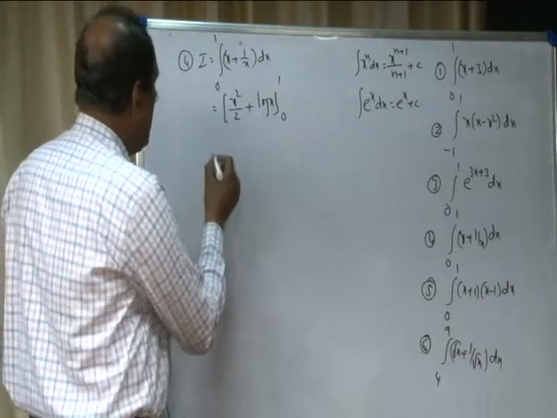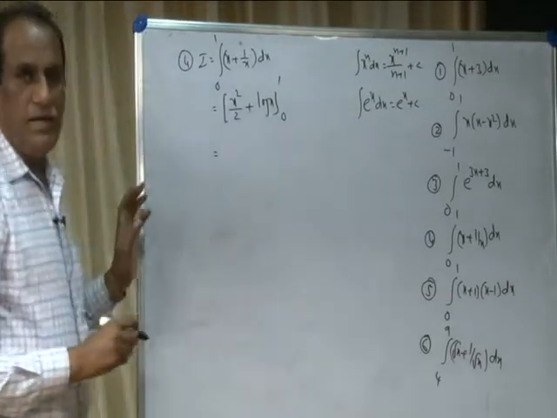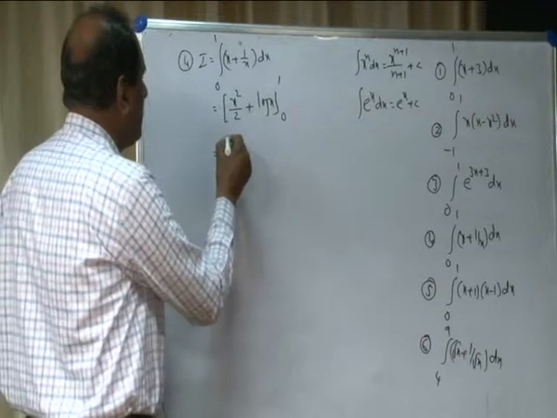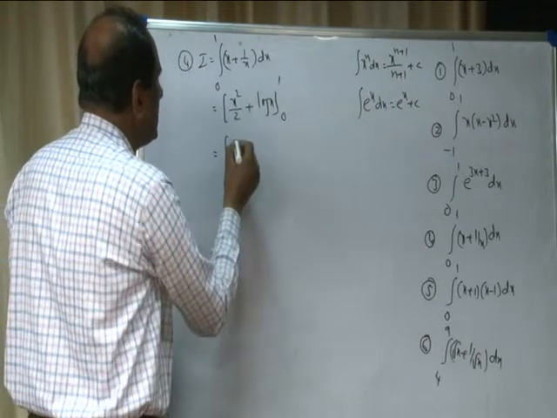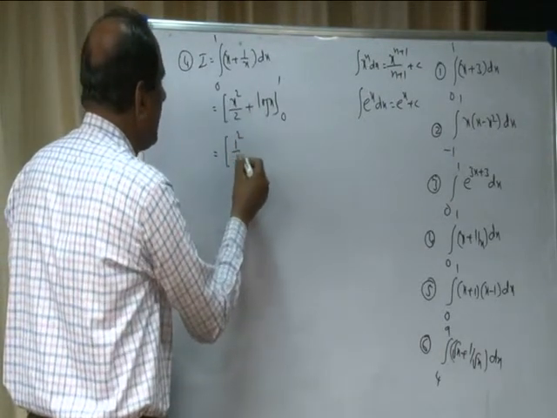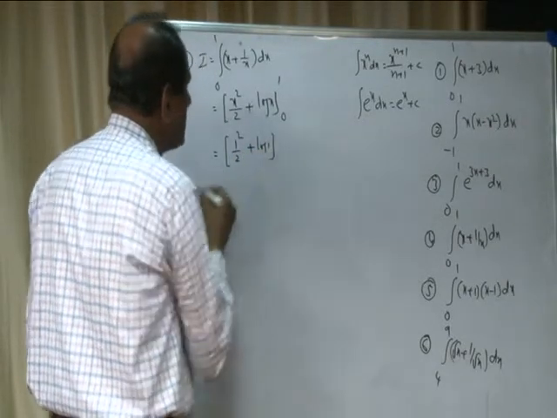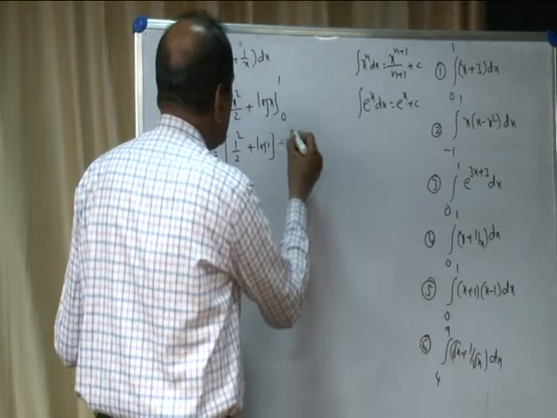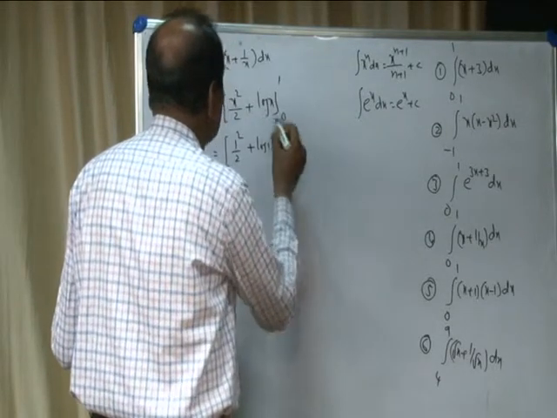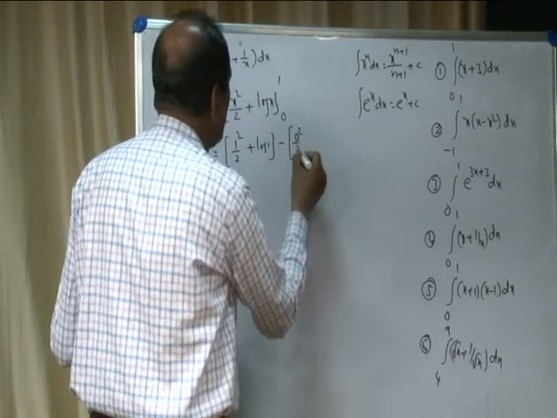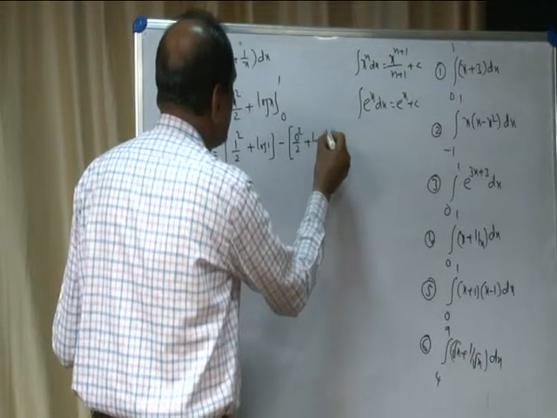Now apply the upper limit in the first big bracket. Put x is equal to 1: 1 square by 2 plus log 1. This is the upper limit, minus the lower limit: 0 square by 2 plus log 0.